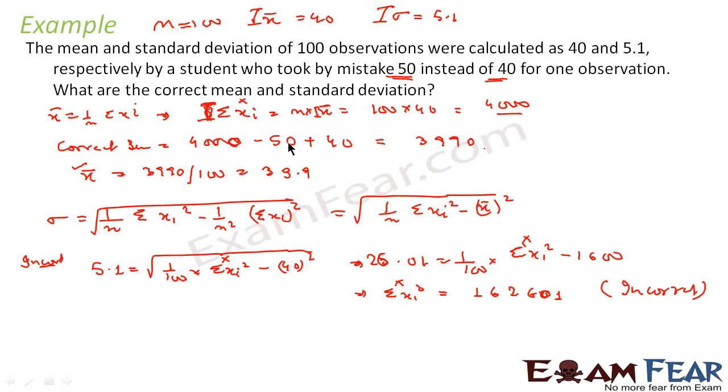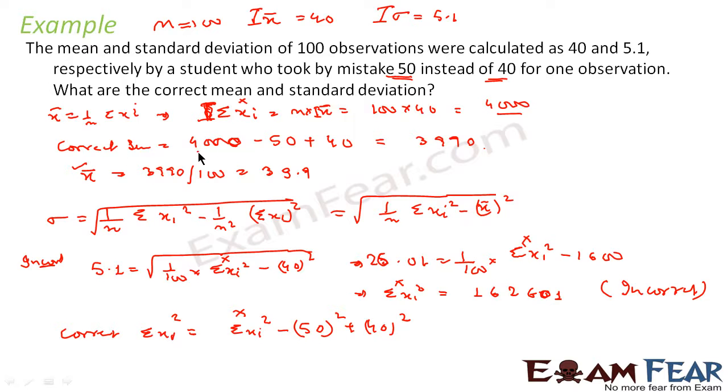Also, since correct sum is equal to total sum minus this plus this, similarly we can do it this way also. The correct sigma xi square is nothing but the incorrect sigma xi square minus 50 square, because it is incorrect, plus 40 square. Here I was doing the same thing, instead of square I was doing the normal way.